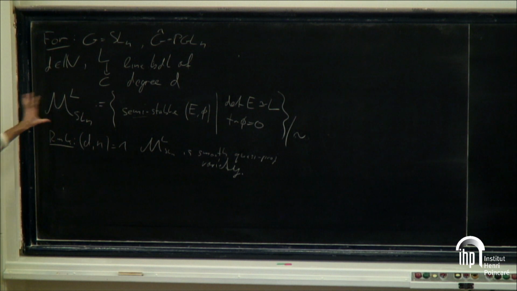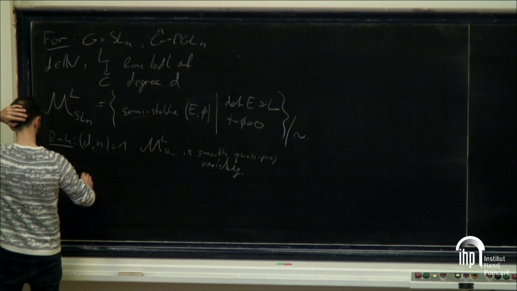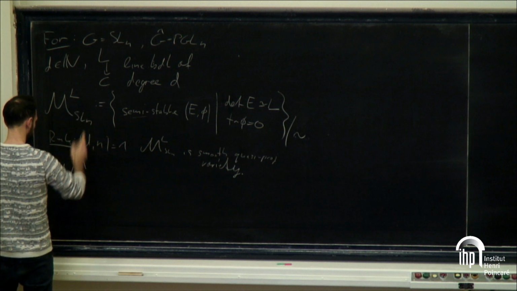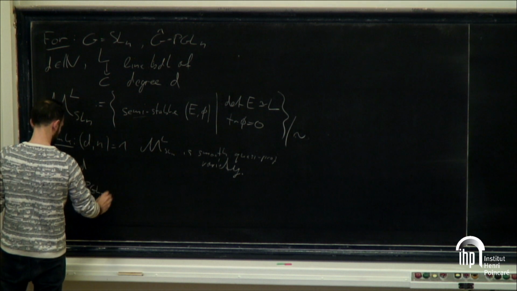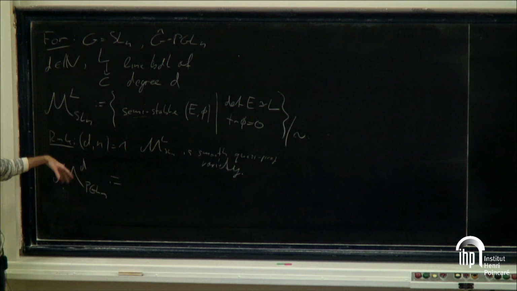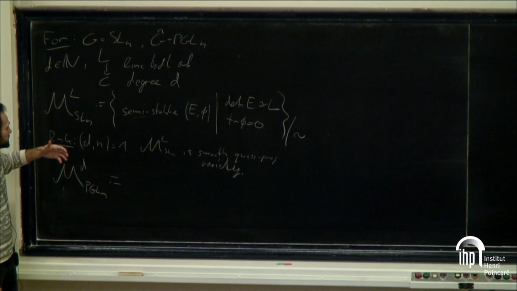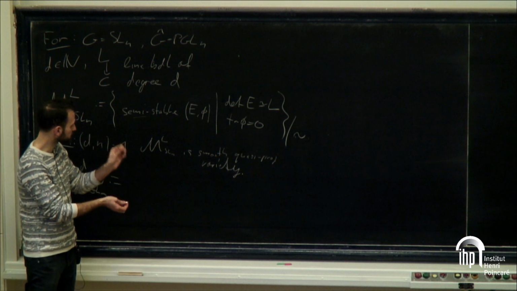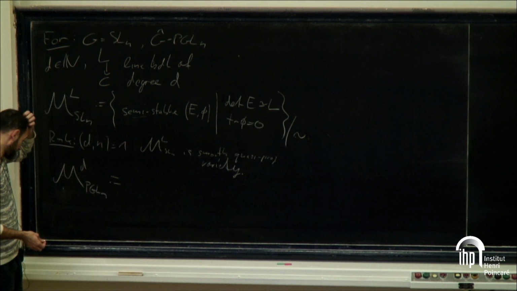So this is one of the spaces, and then there's the other one. It's the PGLn space. Now this one, the SLn space, depends on the line bundle we chose. This one will only depend on the degree. And again, it has a very natural definition in terms of PGLn bundles that have a certain lift to a GLn bundle such that the degree of the GLn bundle is d.